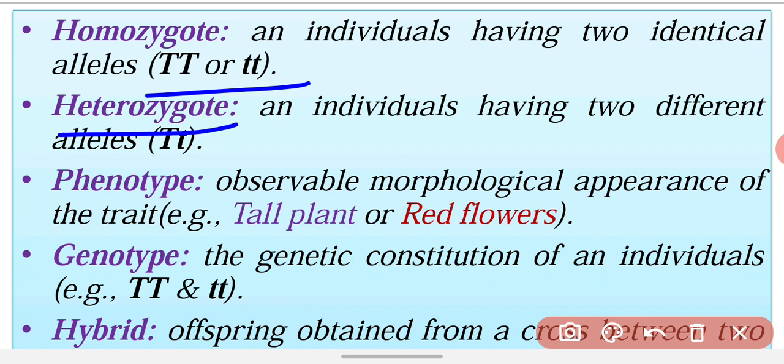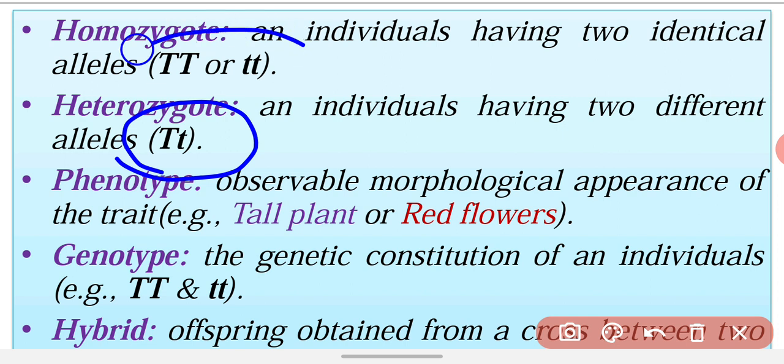Next one is the heterozygote. A heterozygote is an individual having two different alleles, for example capital T and small t. Capital T and small t are also responsible for the hybrid character in the F1 generation. These are the result of a cross between capital T and small t.